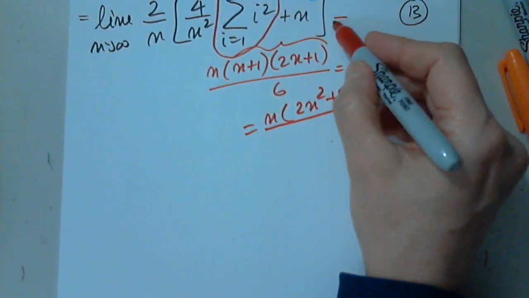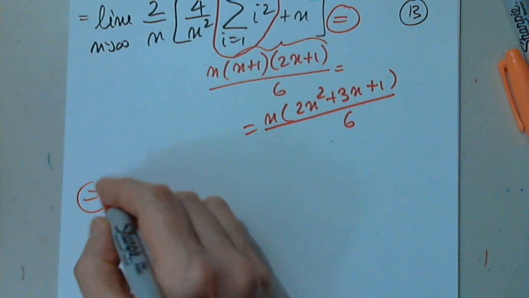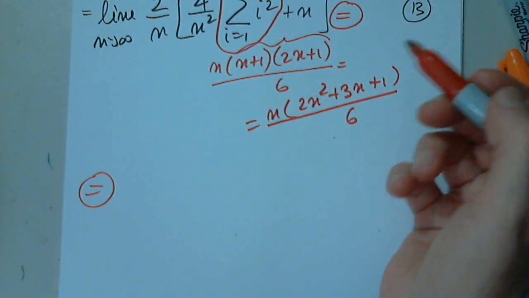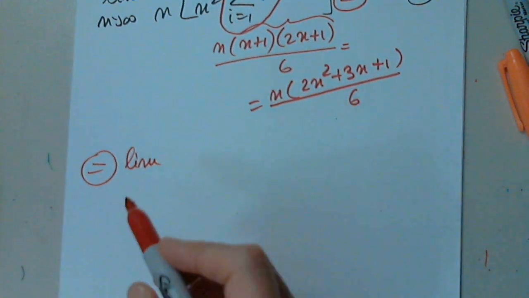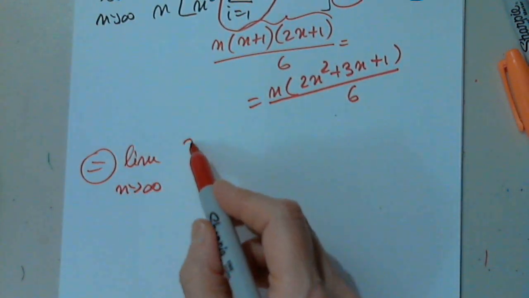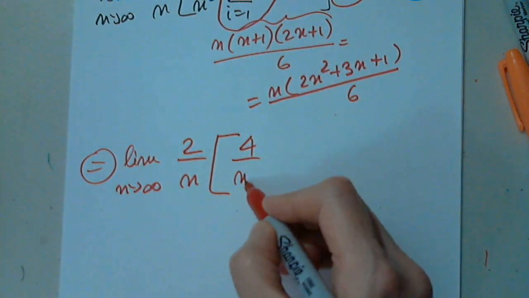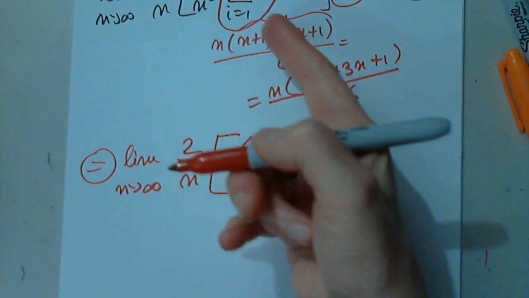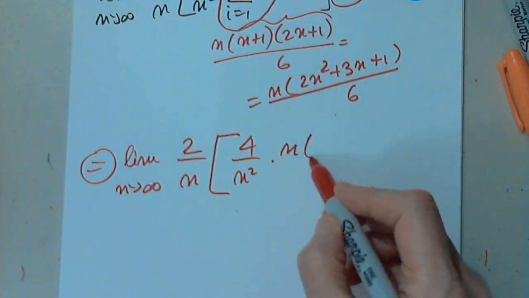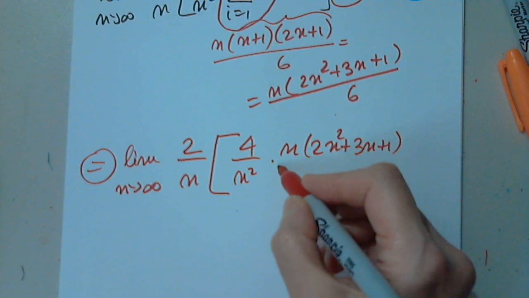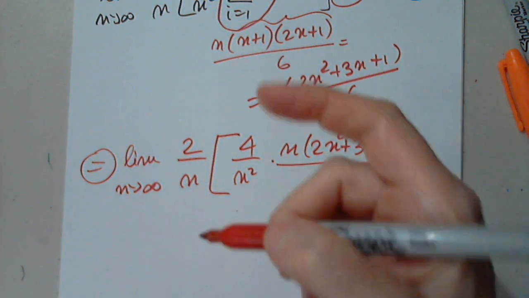Okay, finally, I continue up here, down here. So the summation notation is gone. So I have the limit. That was my first step, my first target. 4 over n squared times this, because I have to replace it, 2n squared plus 3n plus 1 over 6, and plus n.